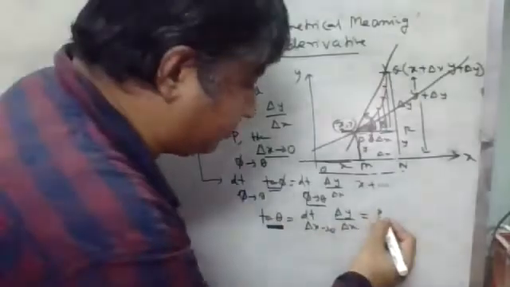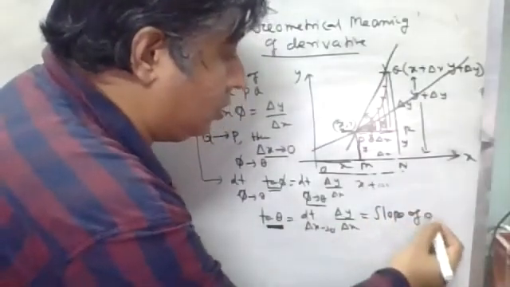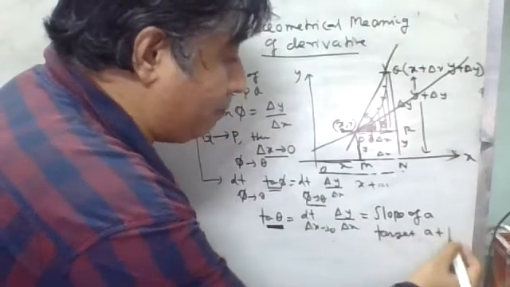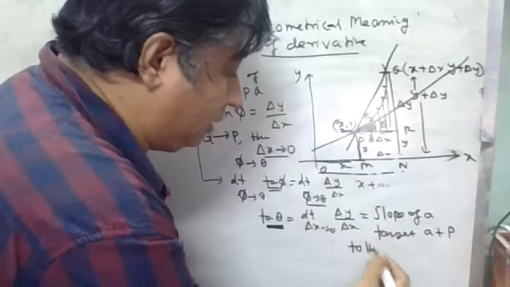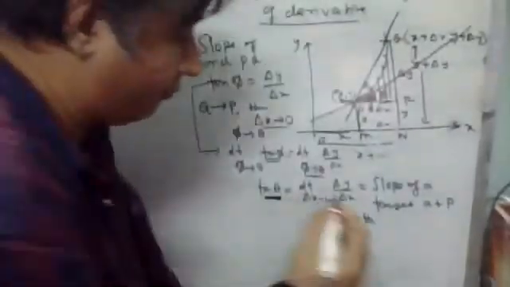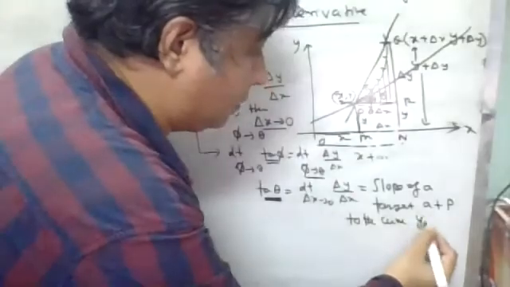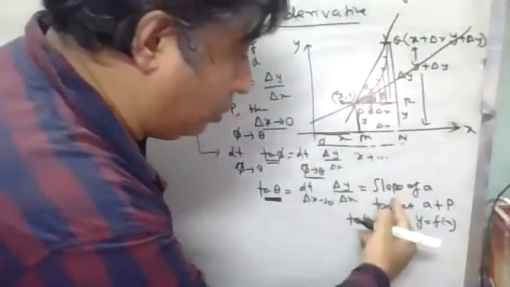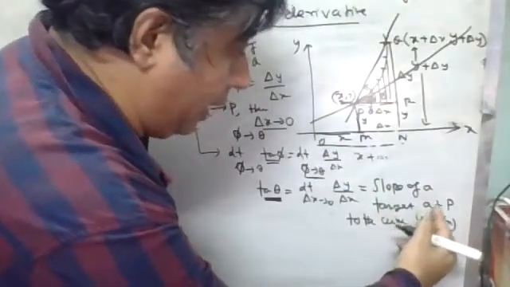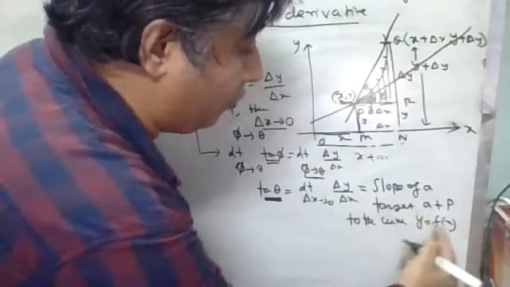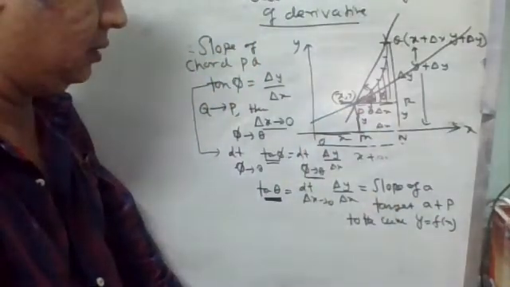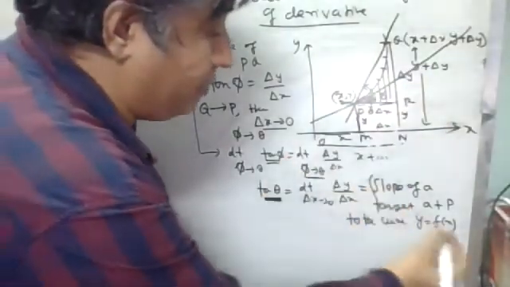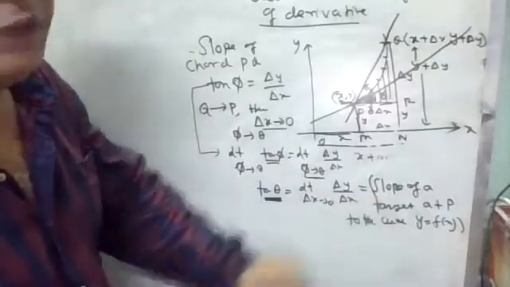It is the slope of the tangent at P to the curve y equals f(x). That means differentiation is done, because this is the role of differentiation.